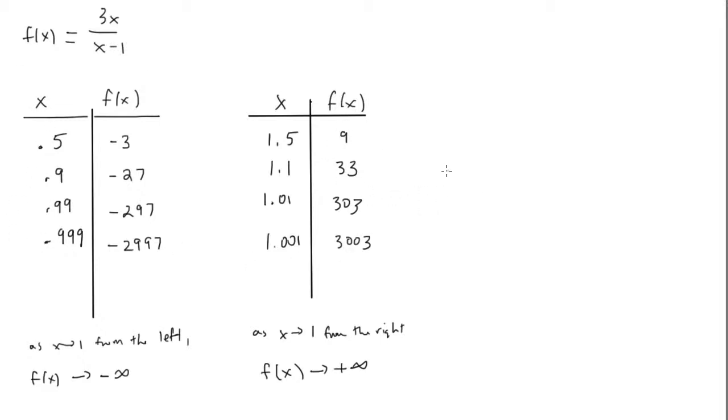Okay, and then lastly, let's do some long-term behavior for this function. So I'll make one more chart here, and we'll put my x's here and my f of x's here. All right, so for these, I want to think about what's going to happen as the x-coordinate gets really, really, really big.